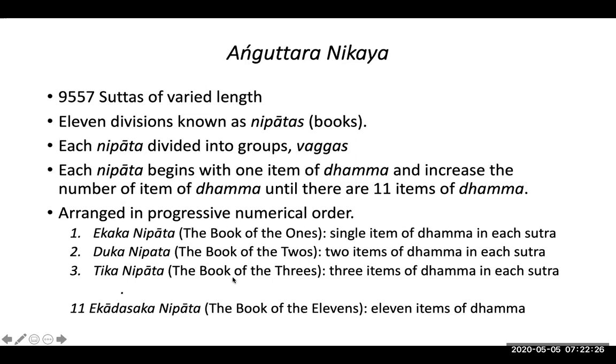The last one is called Ekadasaka Nipata. It is made up of sutras with 11 items of Dhamma in each, called the Book of the Elevens. So each Nipata is named on a numerical basis.